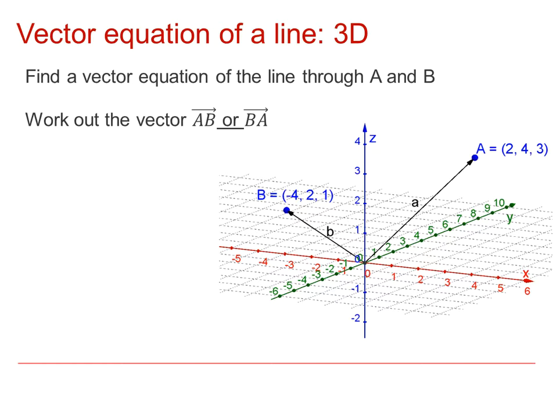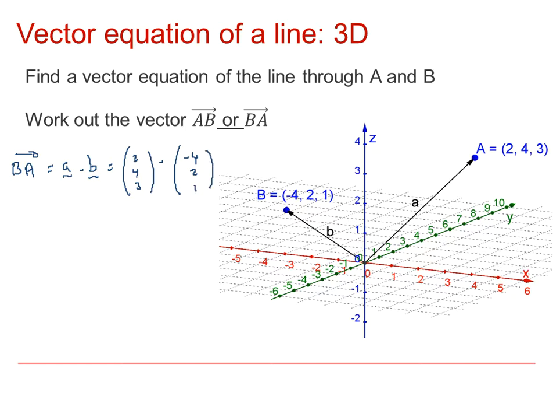I'm actually going to work out BA. So remember that BA will be the position vector of A minus the position vector of B. So that is equal to 2, 4, 3 minus the vector negative 4, 2, and 1.